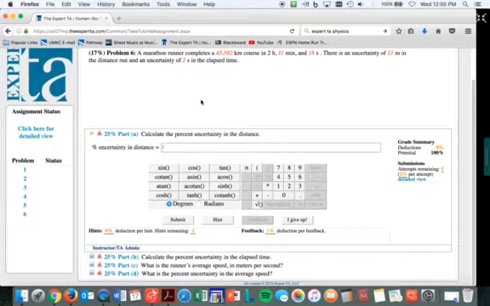The time was 2 hours, 11 minutes, and 18 seconds. This is plus or minus 21 meters, and this is plus or minus 2 seconds. All right, so now we've got it. It's not near as hard a problem as I thought it was going to be.